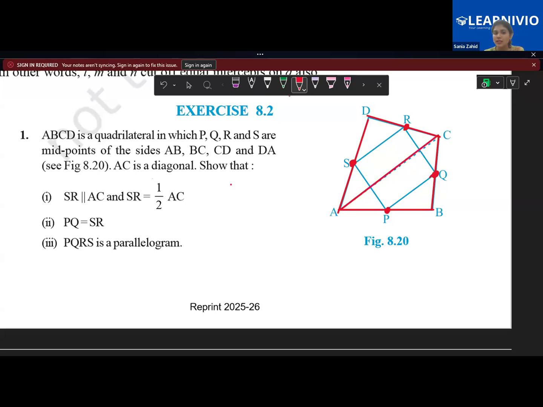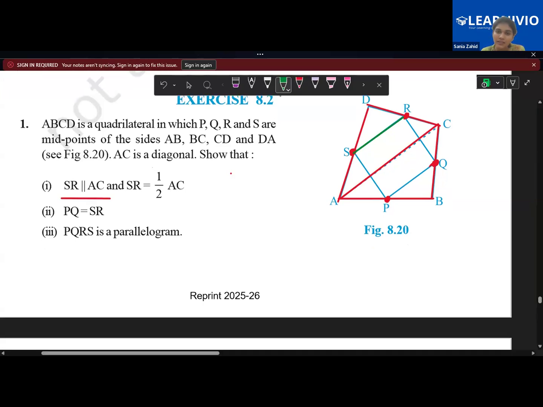Now they are telling you that SR is parallel to AC. Where is SR? You have to prove this line is parallel to AC line. Very easy proof. How? You will say in triangle ADC, what do you have? S and R are the midpoints.